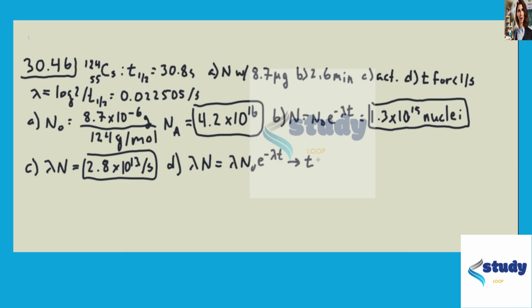So now the time is going to be negative 1 over the decay constant times the logarithm of our desired activity divided by the activity to begin with.